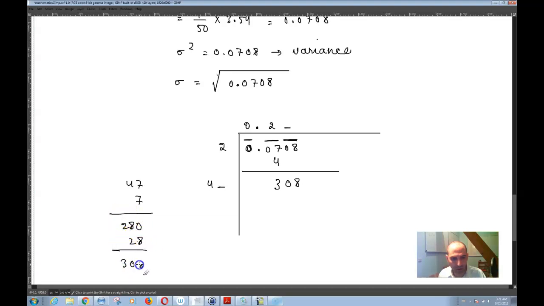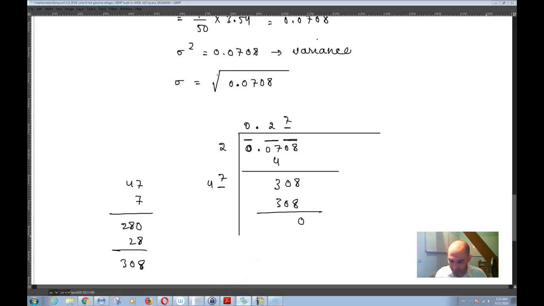That's 308, so it's a perfect square, 0.27.